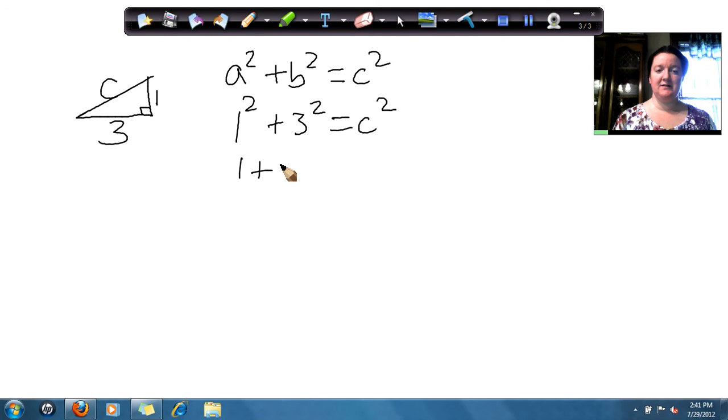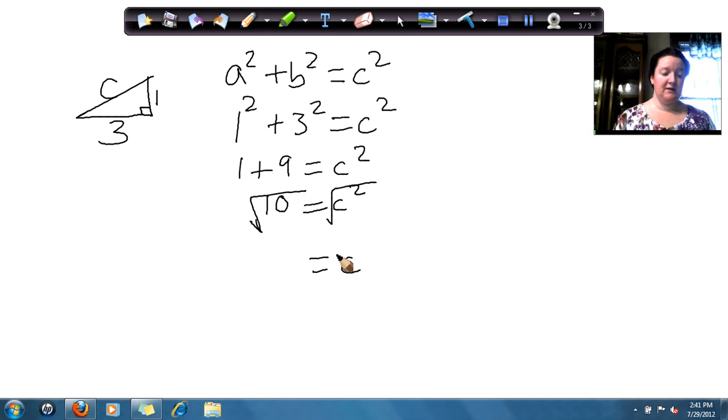So 1 plus 9 equals c squared. So that's going to give us 10. If I take the square root of 10, use your calculator, plug that in, and you'll get 3.16 something. But in most of these questions, they're asking for the answer rounded to the nearest tenth. So we're going to get 3.2 for our value of c.